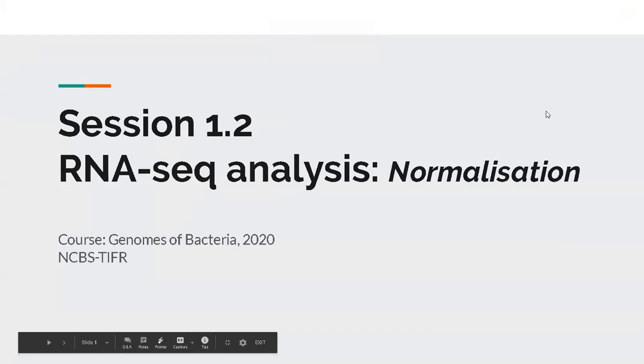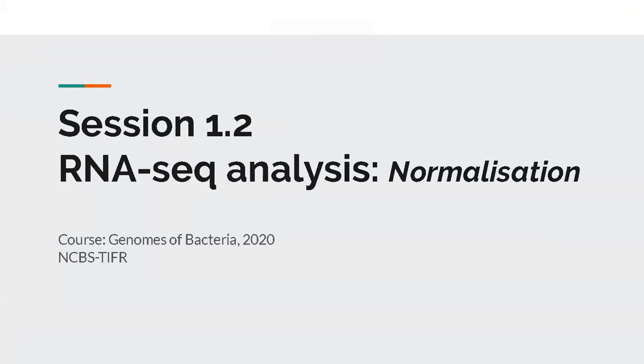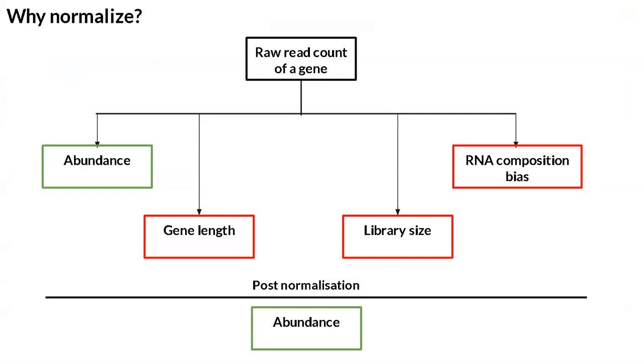We'll start with something called normalization. Now I'll give you the motivation behind what normalization is and why one wants to do it. Right now, the matrix we saw is a raw read count matrix. That means you have just assigned whatever reads were mapping to the genome to different gene loci.